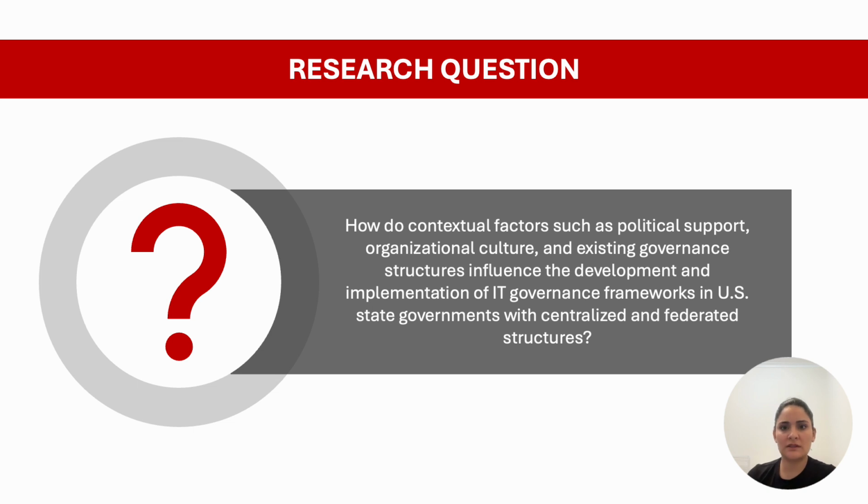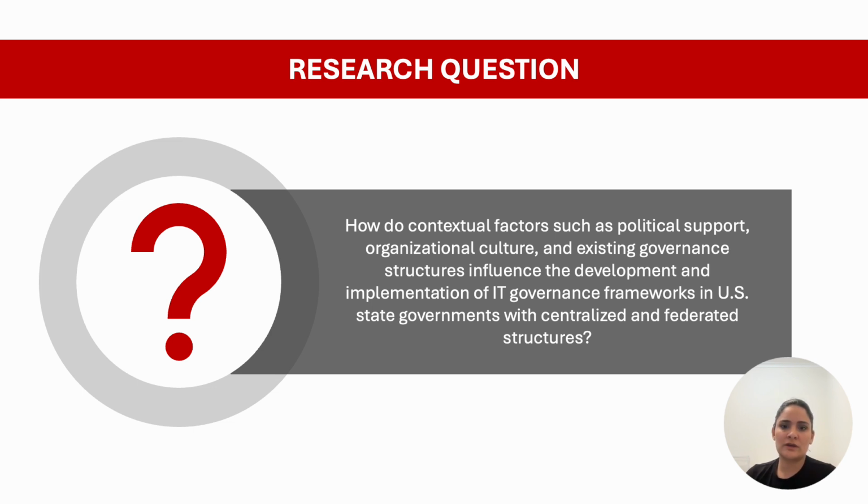Before diving into the details, let's start with the key research question that shaped the study on IT governance in US state governments. This question focuses on the challenges and the factors that influence IT governance, specifically looking at centralized and federated systems.